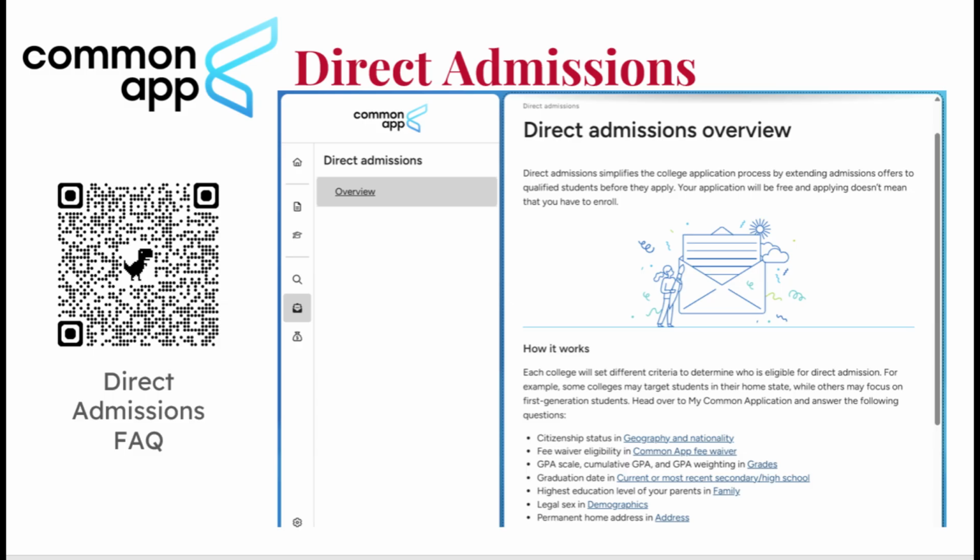Each participating school has their own criteria, and students will receive notice if one of the schools they're applying to has direct admissions. If they want, they can accept the offer, and all they will have to do is submit their application. There's more information on that website as well.